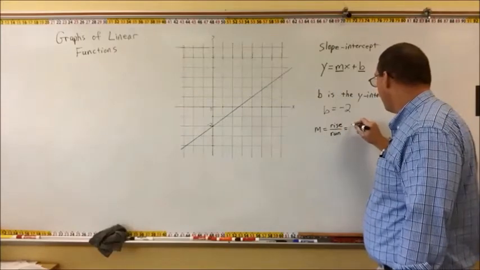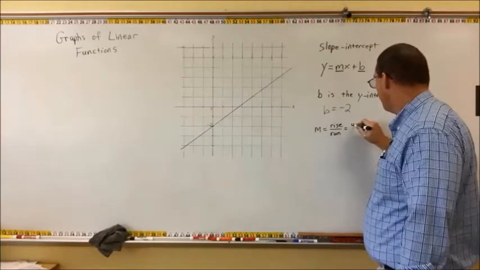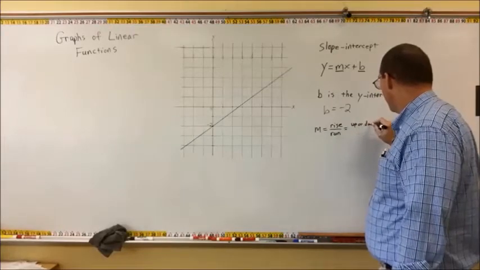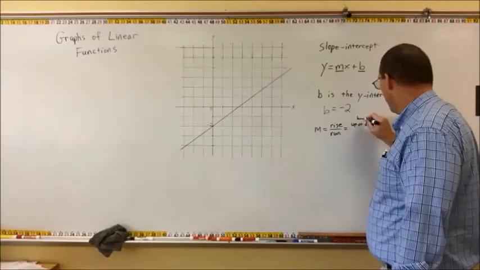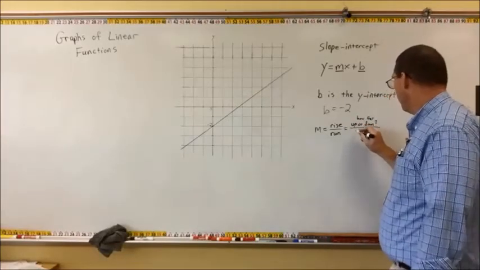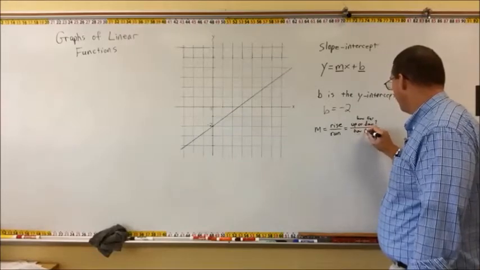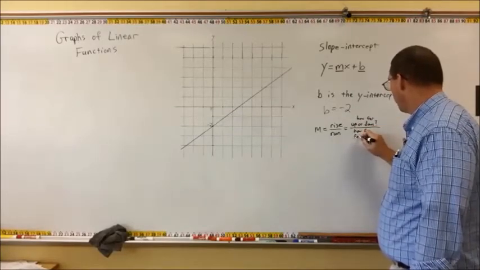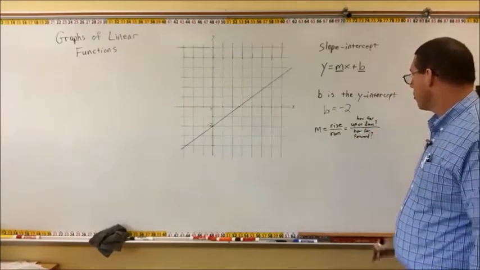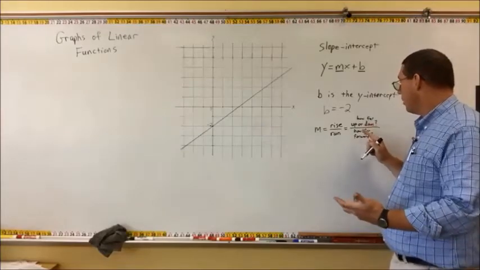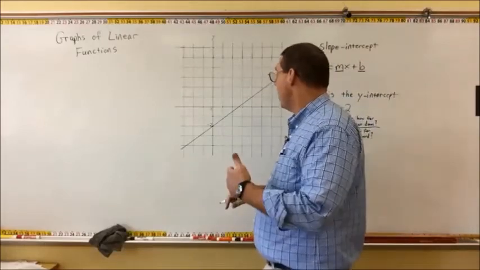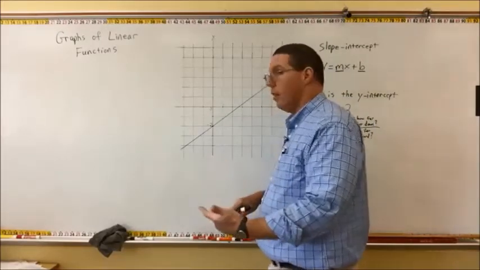That means how far up or down over how far forward. Now you can do it backwards, but we normally do it forward. So we're going to go up or down, and then we're going to go forward.